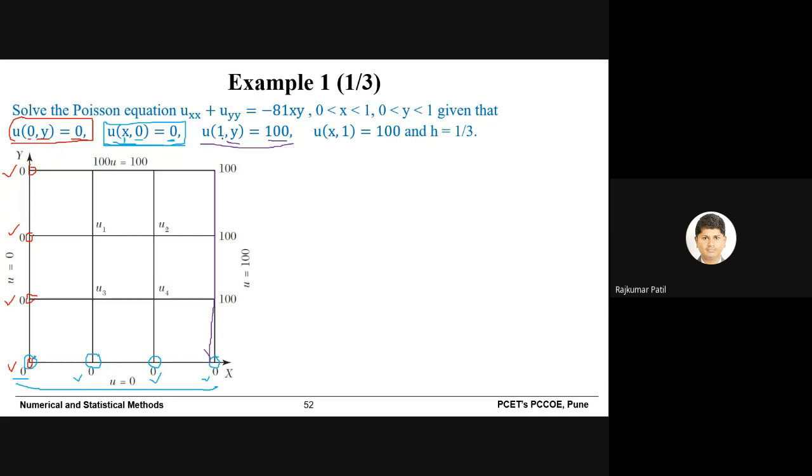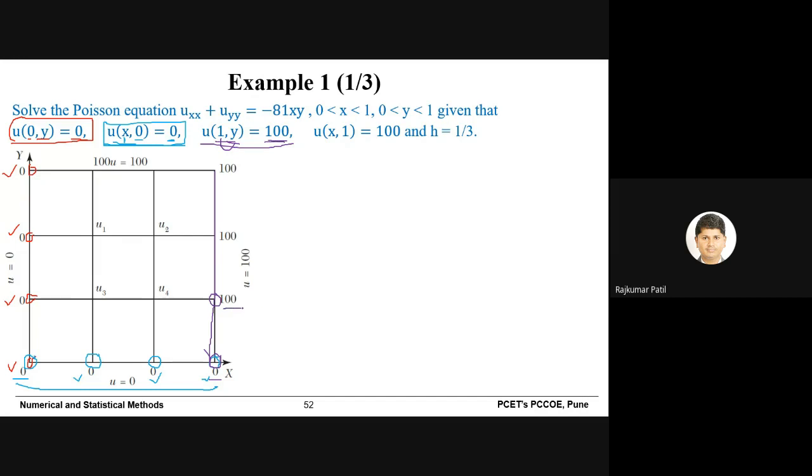So we will start with (1, 0). This particular point corresponds to (1, 0), so for that we assign the value 0. Then the next coordinate will be 1 by 3. Here the point has coordinates 1 corresponding to x, and y will be 1 by 3. So the value of u will be 100.